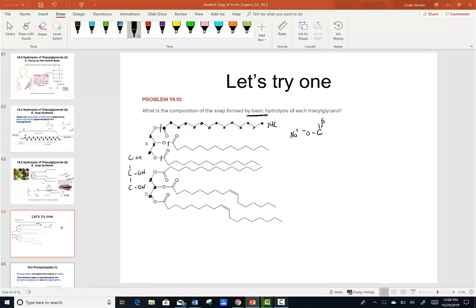In the presence of the base sodium hydroxide, the sodium ion will now serve as that positive charge for that carboxylate ion. We would have CH2 taken 12 times, ending in a methyl group, giving me 1 plus 12 is 13, plus 1 more is the 14 carbon chain.